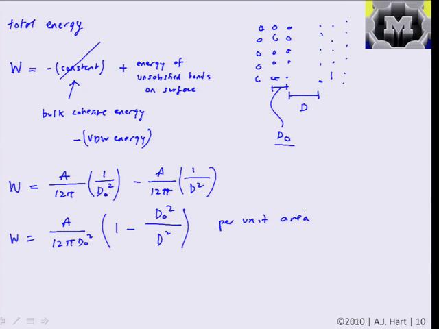So now if we consider the case where the separation D is much larger than our small length scale, d naught, then this term drops out. So we just have W is equal to A divided by 12 pi times d naught squared. And this is what we're going to define as twice the surface energy.